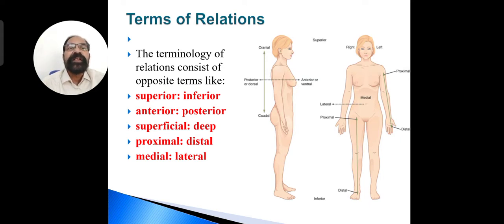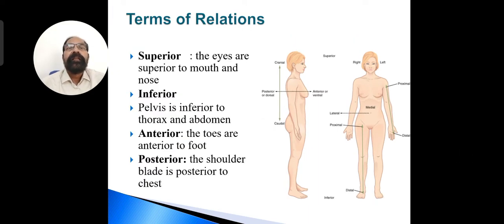Anterior is front, posterior is back. Coming to superior, our eyes are superior to the mouth and nose, and the nose is inferior. Pelvis is inferior to thorax and abdomen. Anterior, toes are anterior to the foot. Posterior, the shoulder blade is posterior to the chest.